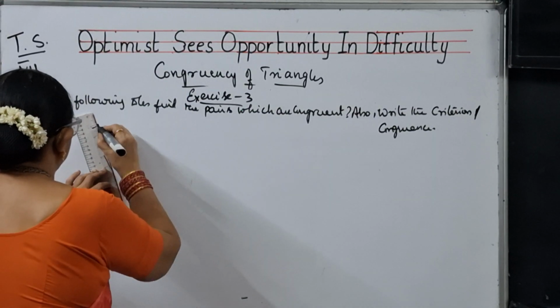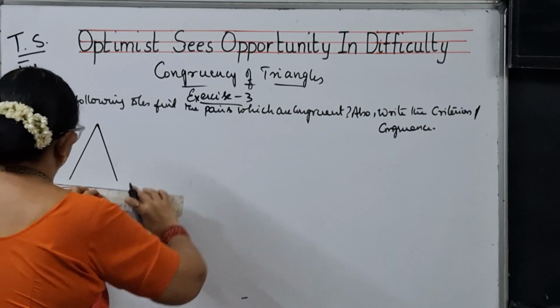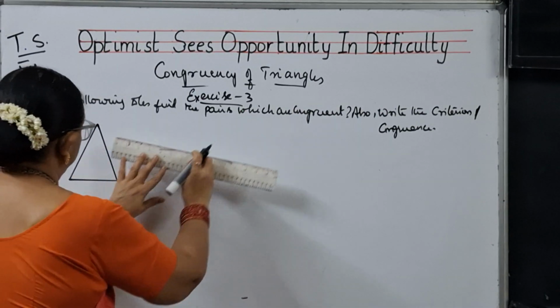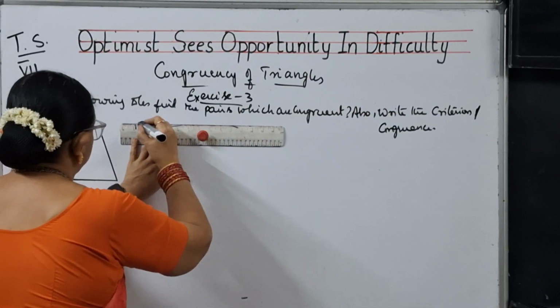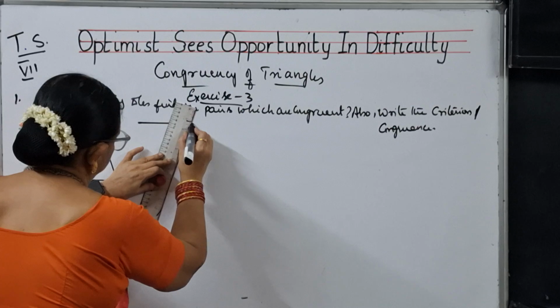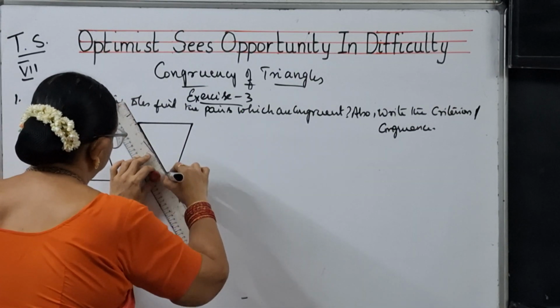You have got a triangle ABC and another triangle. It is drawn like this. In an inverted way they have drawn this triangle.